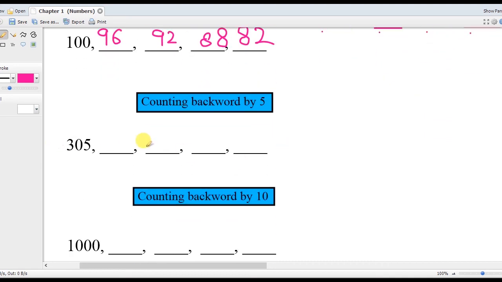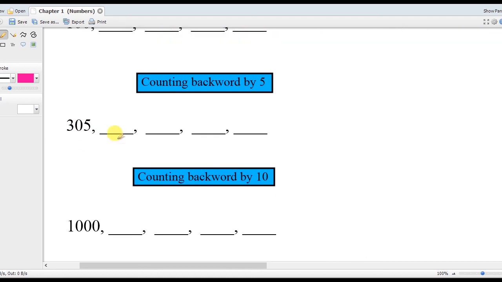So, skip counting by 5. Now you know the procedure, so you can solve it directly. Let's try to solve it directly, right? So 305. The numbers that come before 305 with skipping of 5. That would be 300. Excellent. Shabash.